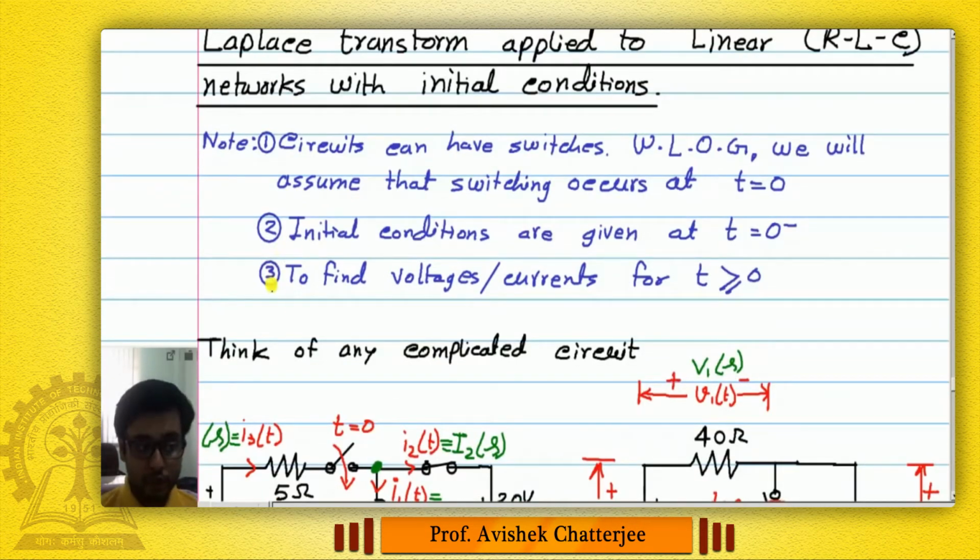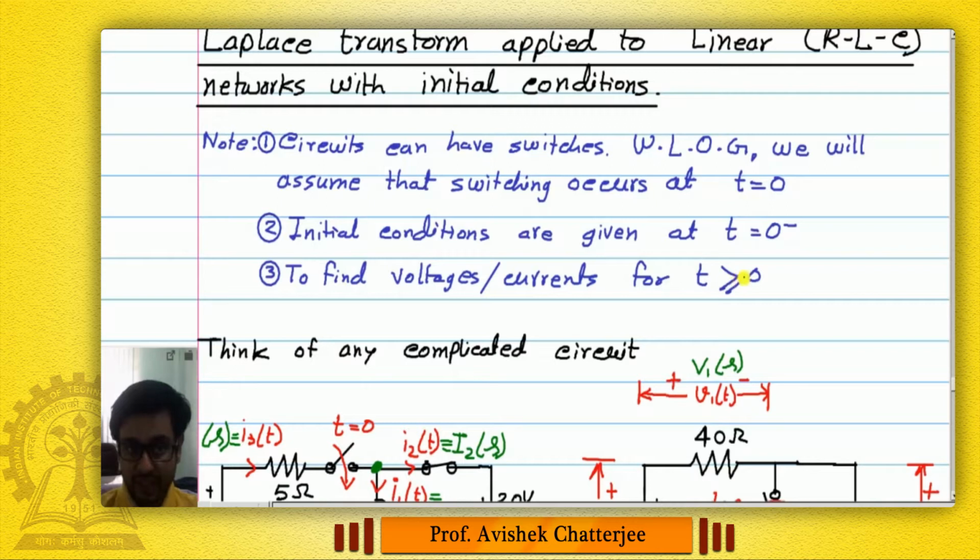we will solve our circuit after some switching has taken place at time t equal to 0. Some switch is closed or opened at time t equal to 0, and we will find voltages and currents after that switching.